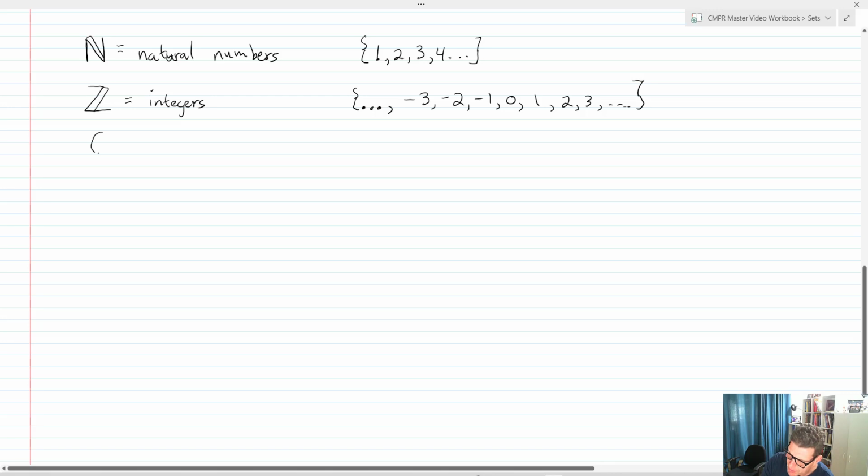The next group of numbers that we have are the rational numbers, represented by Q. These are all the numbers that we can actually write as a ratio of integers. I'm going to use some set builder notation.